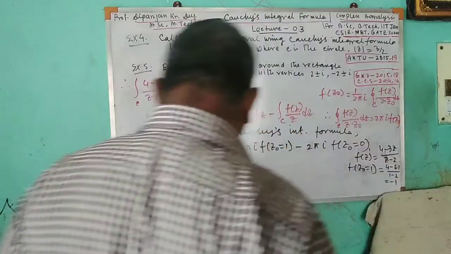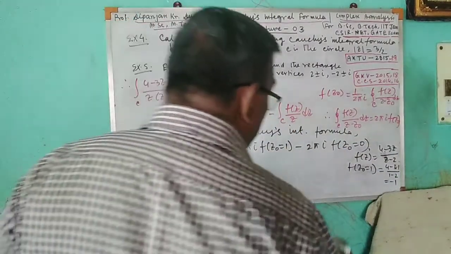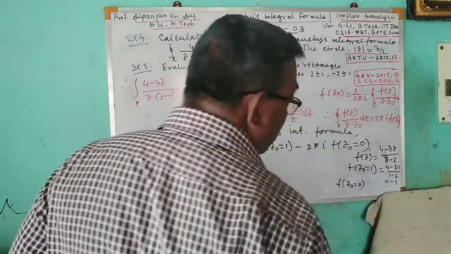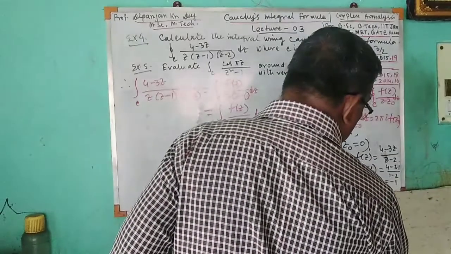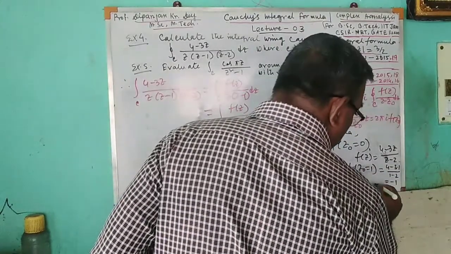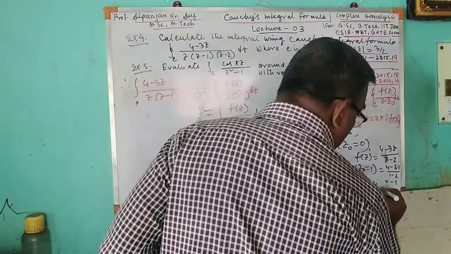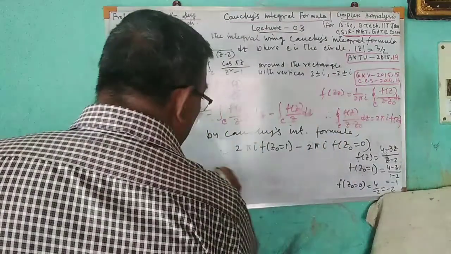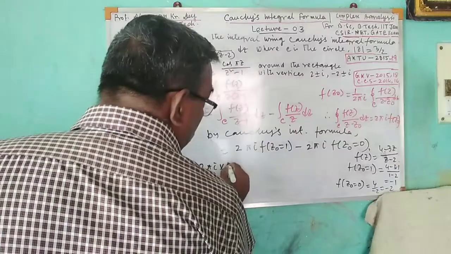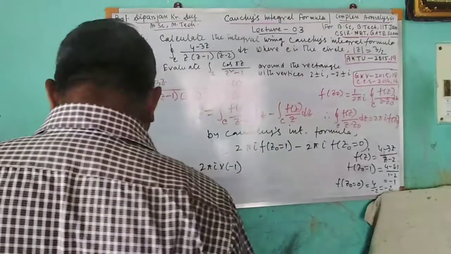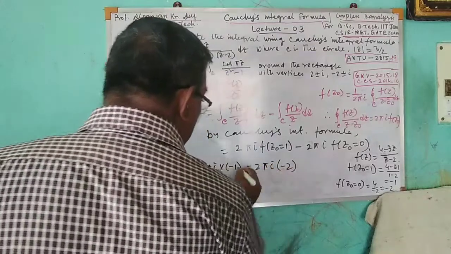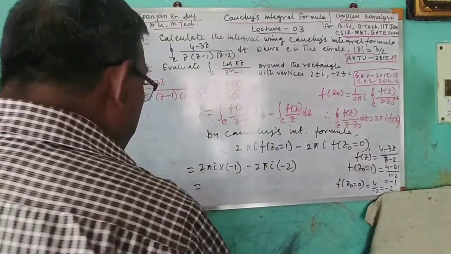And when z0 equals 0, it is 4 by minus 2, which comes to minus 2. Putting the values here, that is 2 pi i into minus 1 minus 2 pi i into minus 2.